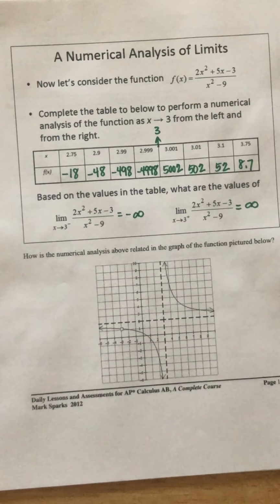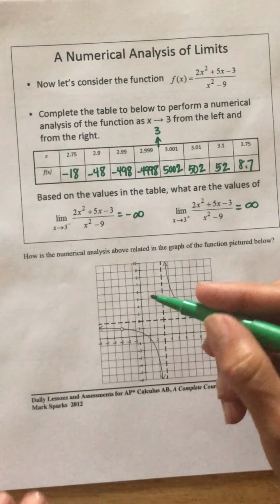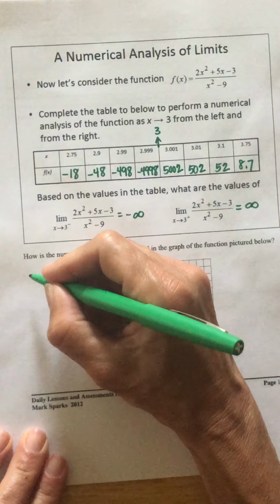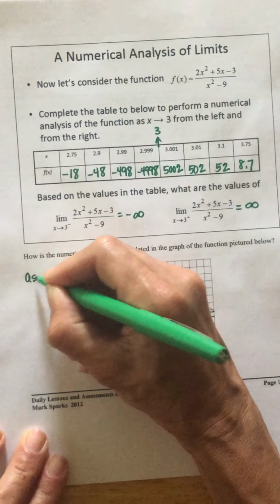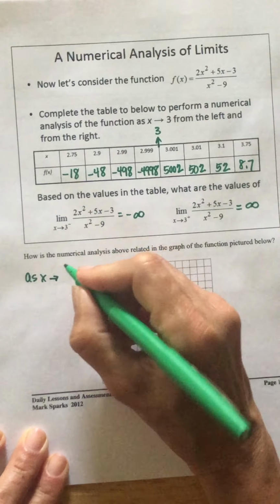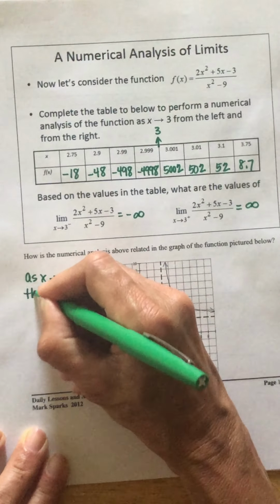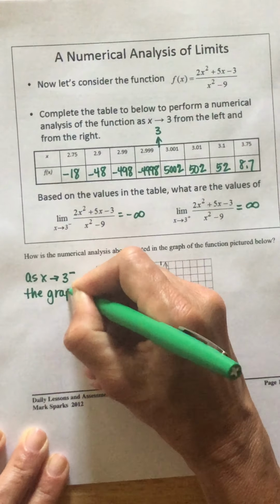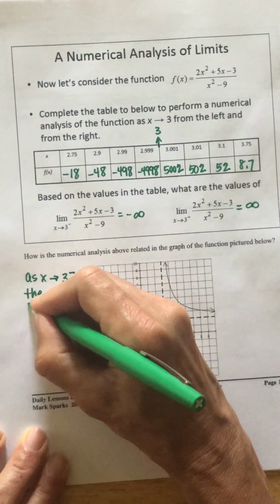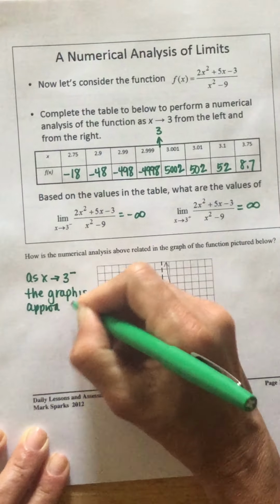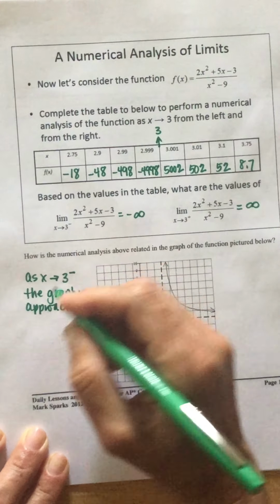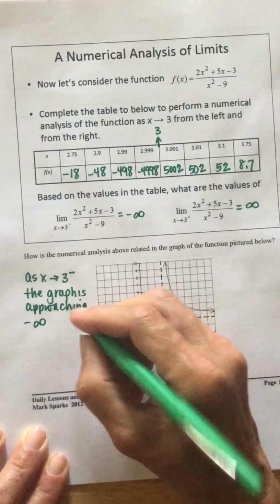So how do we write it up? How is it related? We're going to talk from the left first, and then we'll talk from the right. So writing it up formally, as x approaches +3, or just 3, from the left, the graph is approaching -infinity.